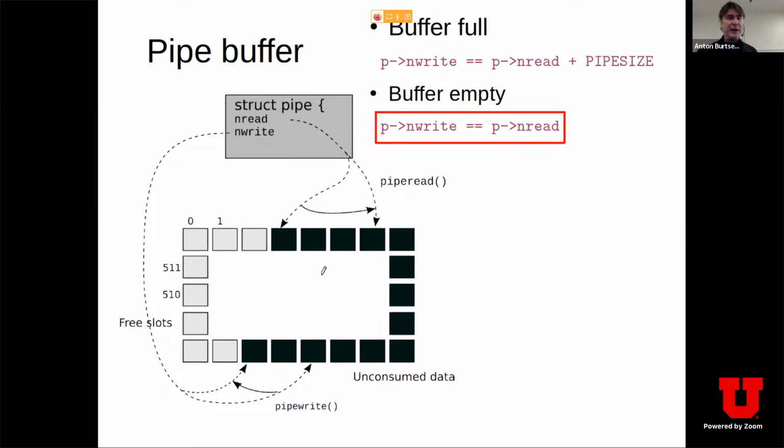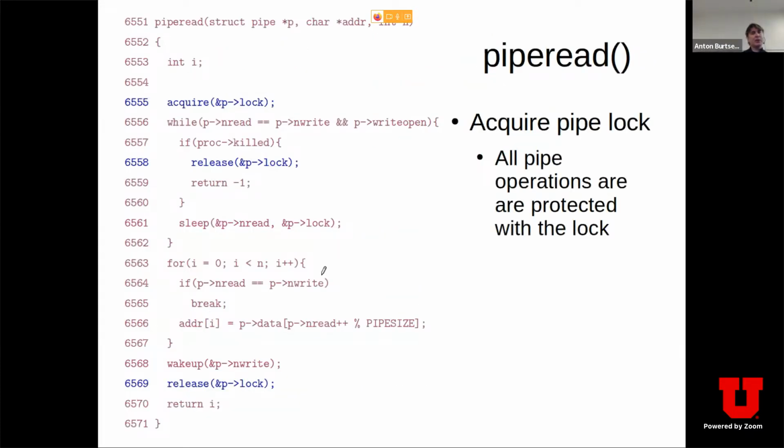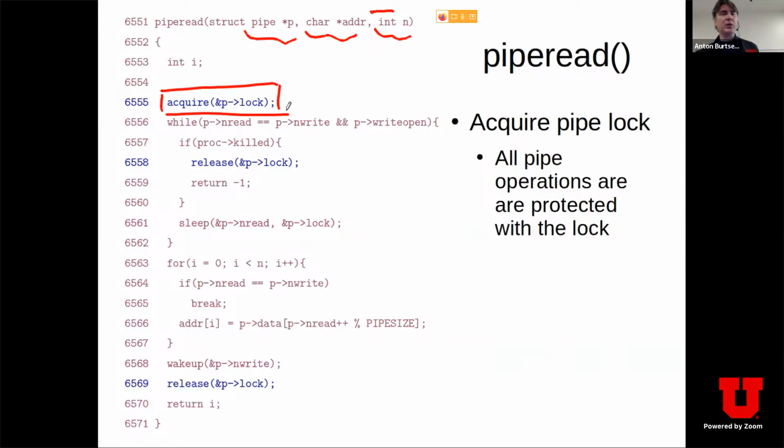So the code of this pipe is the following. When you have a pipe read operation implemented in the kernel, here's the pointer to the pipe, the pointer to the buffer, and here's the number of elements I want to read. What you do here is you acquire a lock, the pipe lock. Remember, each pipe has a lock.